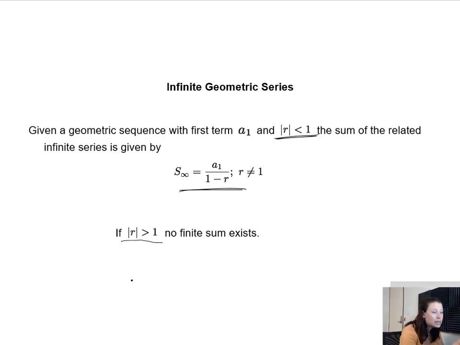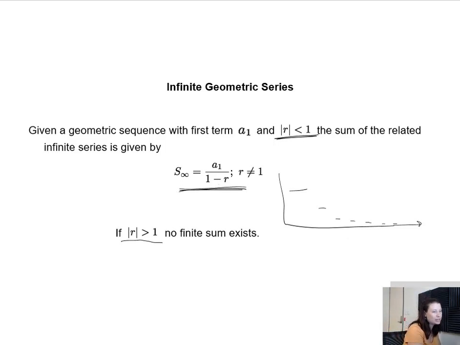This one, it's basically you're adding a number that's here, then you're adding a number that's here, if we're on a coordinate plane, then we add a number that's here, and then here, and then here, and here, and here. You see, we get closer and closer to 0 as we go, right? So that means as we add these, we get close to a certain specific number. That's what this formula does, okay?